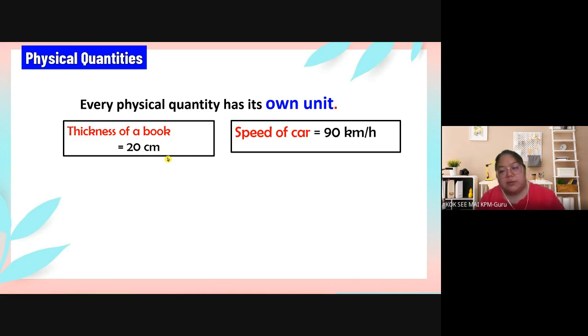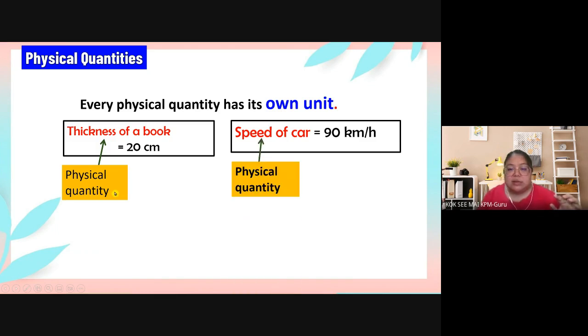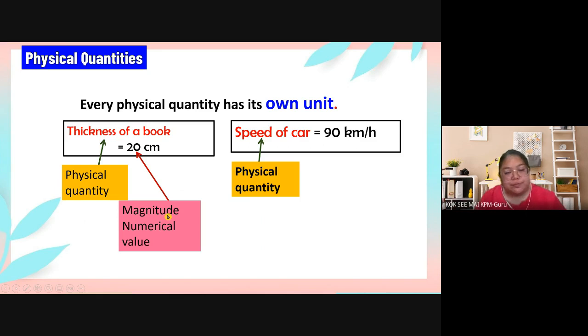So that one is the thickness of the boat we using cm. Okay, for the speed of the car, we're using kilometer per hour. So thickness is a physical quantity. 厚度就是 physical quantities. Okay, speed 也是 physical quantities. Okay, 20 是一个 number. So this one number we call magnitude. Magnitude, numerical value. Magnitude, remember magnitude is a value. Okay, the measurement value.